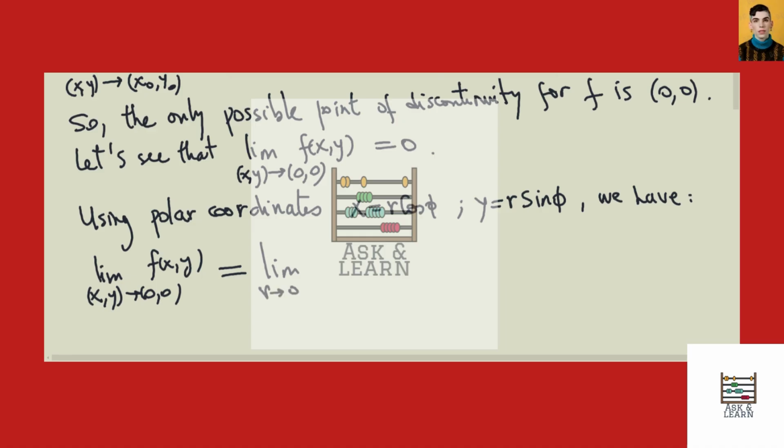Look here that it is sufficient for the radius to go to 0, because with that we are approaching from all directions. So it doesn't matter what the angle is; the important thing is that the radius goes to 0. So this limit is the same as saying that the radius goes to 0 of the expression f at r cosine of phi, r sine of phi.